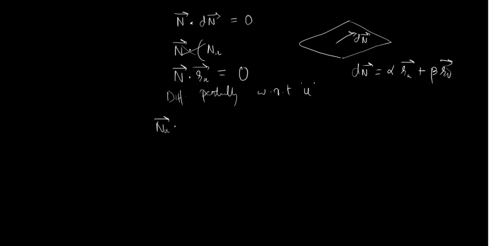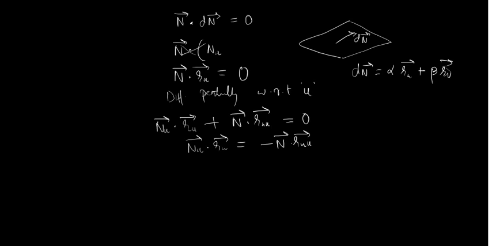You differentiate this partially and keep the other as it is, and then take the sum, keeping n as it is and differentiating Ru with respect to u again. So this should be 0. It means that n sub u dot r sub u is equal to minus n dot Ruu, which is nothing but L. So it is minus L.